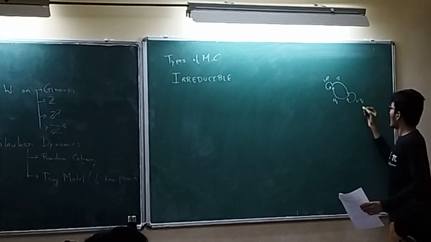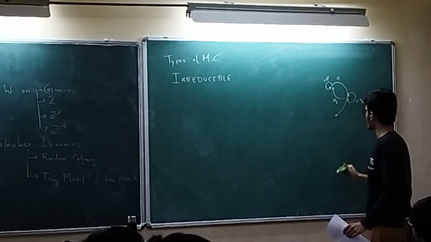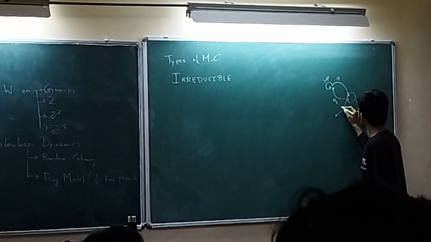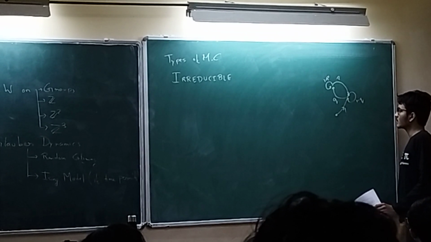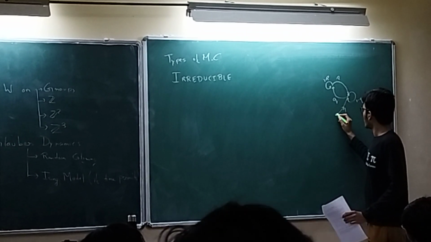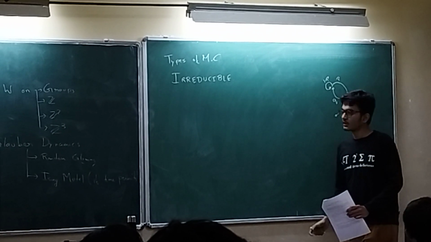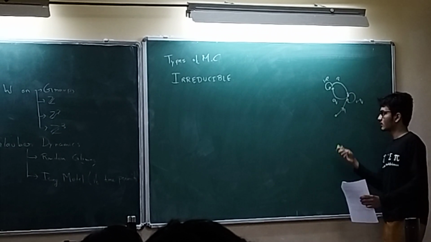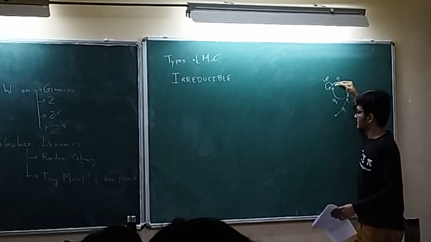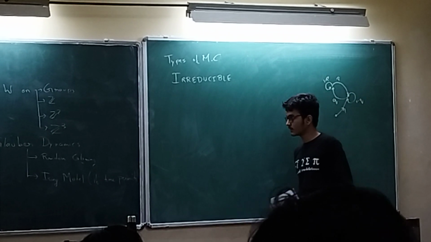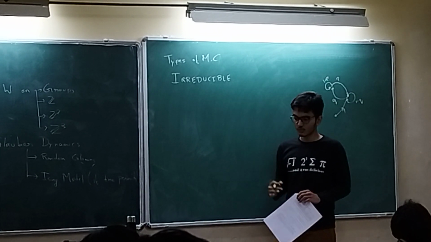And now I will add an extra point, let's say another lily pad, and from here you go here with probability 1. So once you are here, if you start from here, you will never return to here. So this seems to be useless, because once you start from here, you will go somewhere here and then you will continue moving here. So those Markov chains are not good to study.